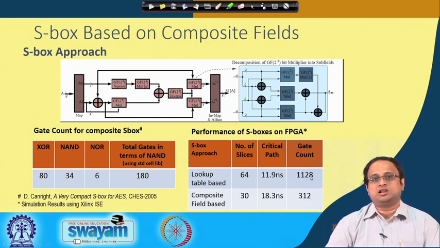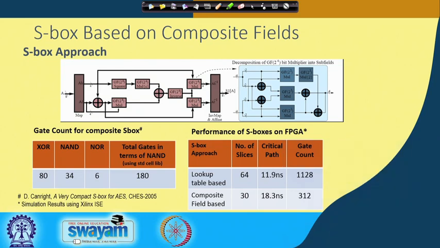That is a phenomenal decrease in gate counts. If that happens, you can go for parallel implementations of the AES SBox to alleviate the throughput issues, and you can get a very nice trade-off between throughput as well as area when you go for composite field implementations. That shows the merit of composite field implementations.